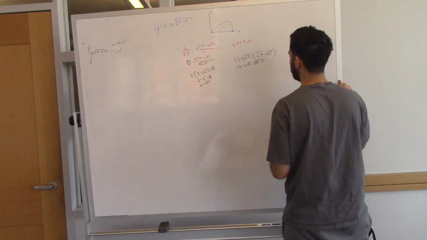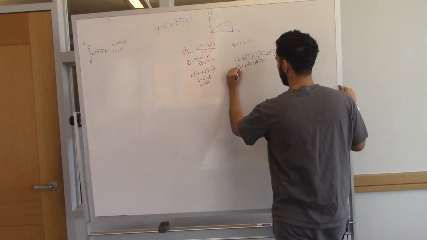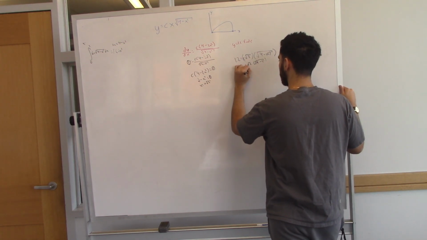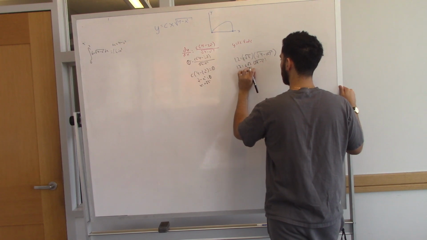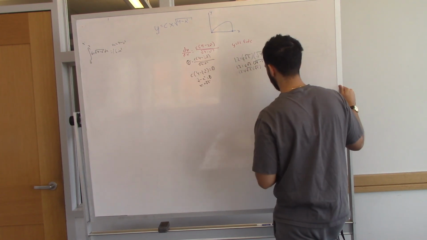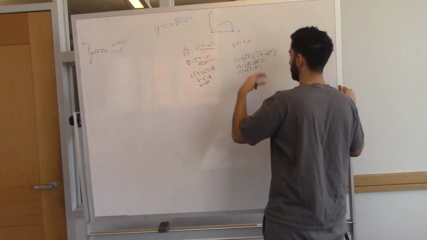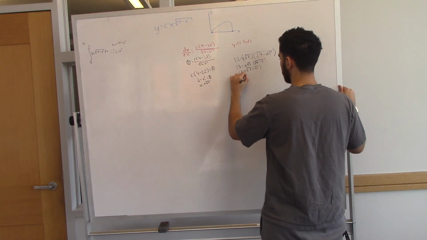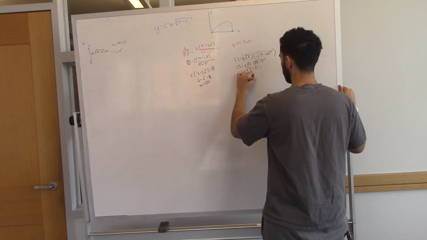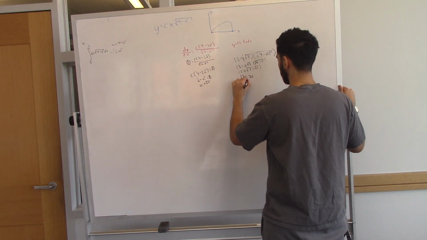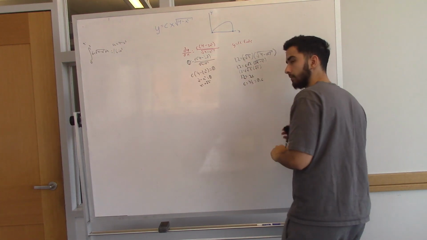Not too bad. 1.2 equals c square root of 2 times square root of 2, because 4 minus 2 is 2. We have two square roots, those are going to cancel and just become 2. 1.2 equals 2c, c equals 3/5 or 0.6, whichever you prefer.